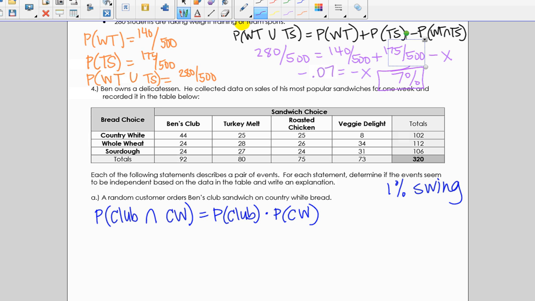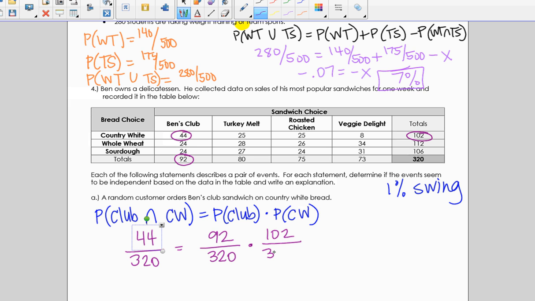So now you look at the table. 44 people order Ben's Club on country white bread, so 44 out of the total 320. The probability of a club sandwich in general is 92 out of 320. And the probability of country white is 102 out of 320.